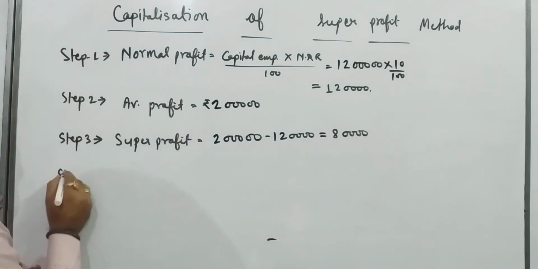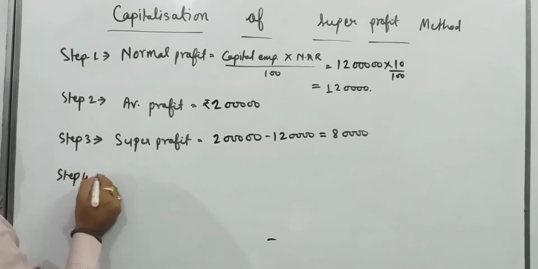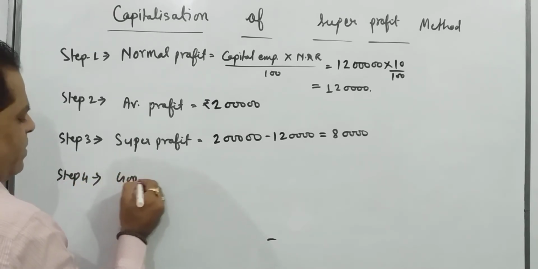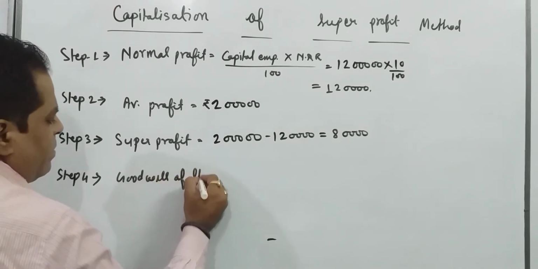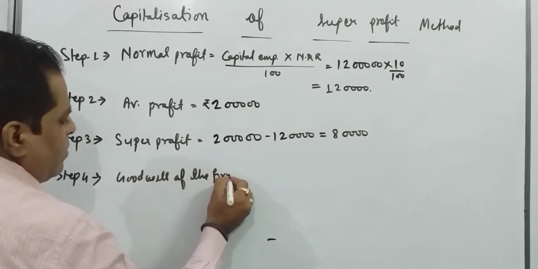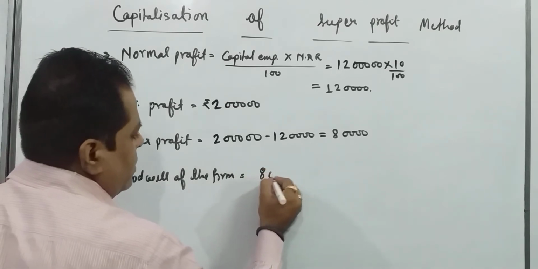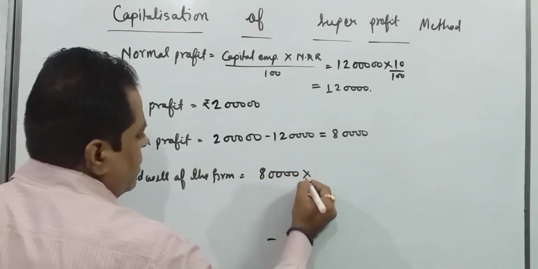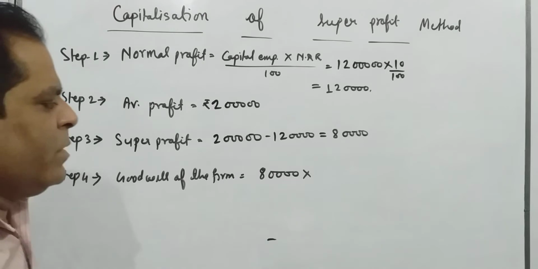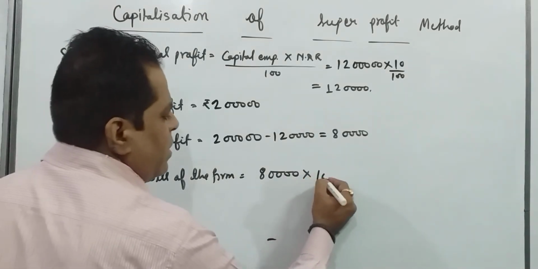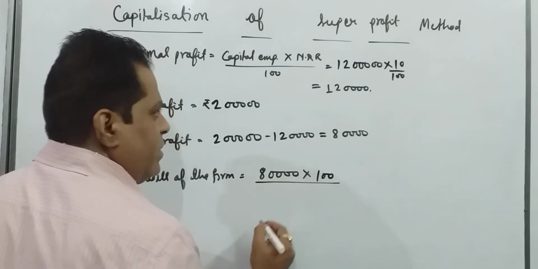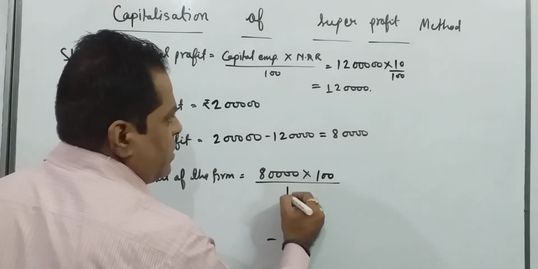And now in step 4 you can find out the goodwill of the firm. So what is the goodwill of the firm? 80,000 into 100 upon normal rate of return, which is 10.